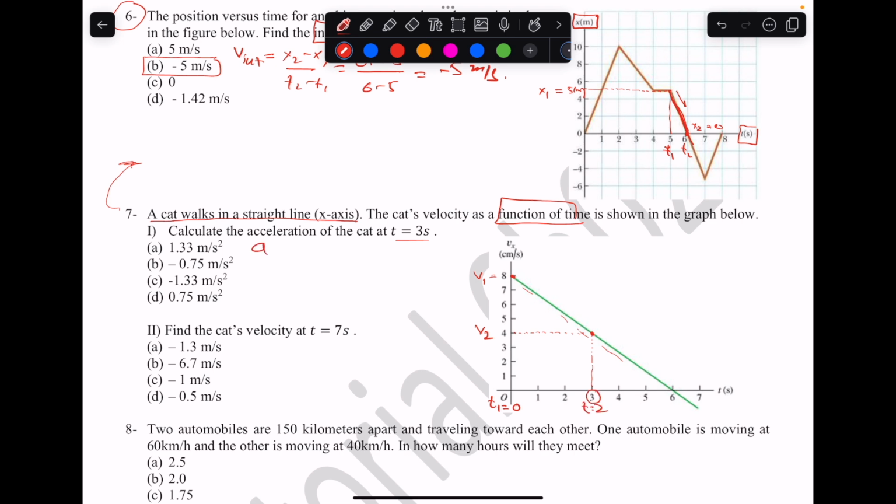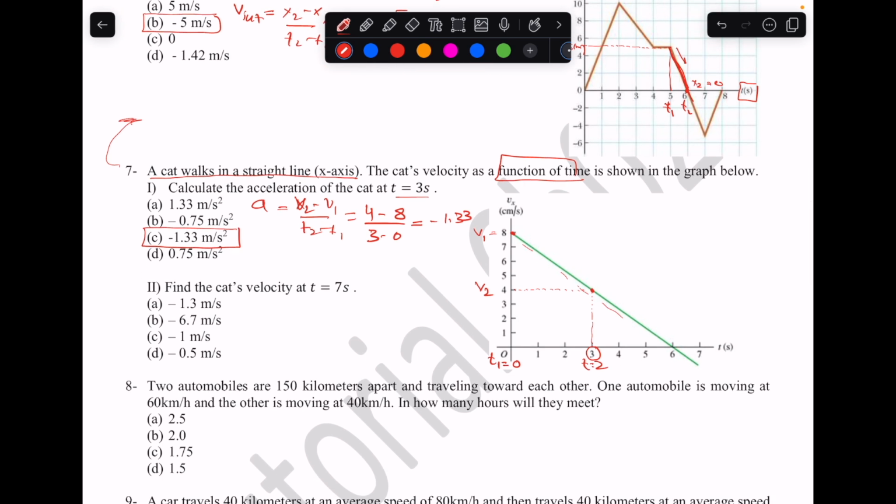So your acceleration at t equals 3 seconds is v2 minus v1 over t2 minus t1, which is given by 4 minus 8 divided by 3 minus 0. So we will get minus 1.33. So here is your answer.